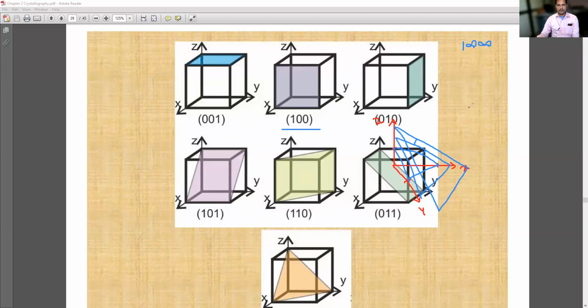But what it means, याचा नेमका अर्थ काय तर लक्षात घ्या. इन्फिनिटी याचा अर्थ काय, when we are considering that the plane is parallel to that axis, then it has an intercept of infinity. Means what?